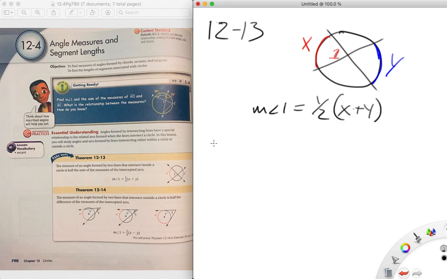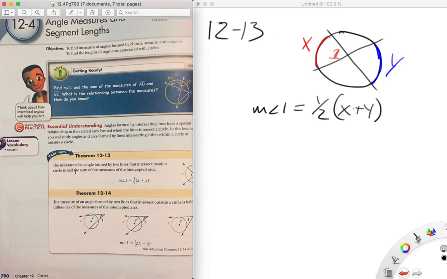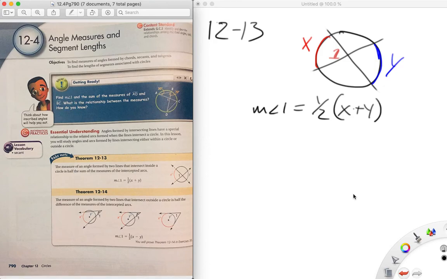That is 12.13. The measure of the angle formed by two lines that intersect inside a circle is half the sum of the measure of the intercepted arcs.